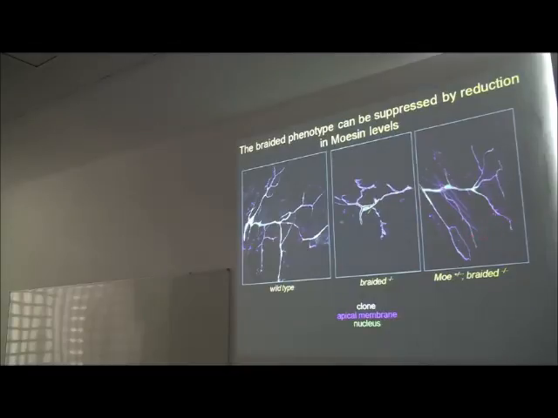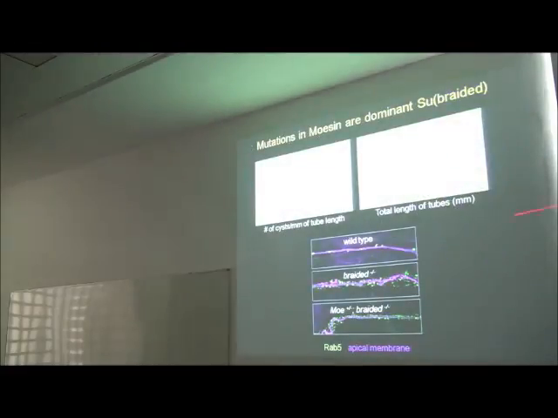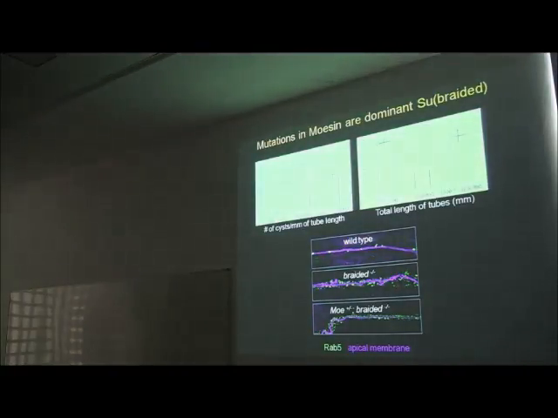It's also a phenotype that we can modify by reducing the levels of moesin. So here's the wild-type terminal cell, a braided mutant, and a braided mutant in which there's only one wild-type copy of moesin. You can see a strong rescue of the phenotype. Here we're just quantifying the number of cysts per millimeter of the tube.